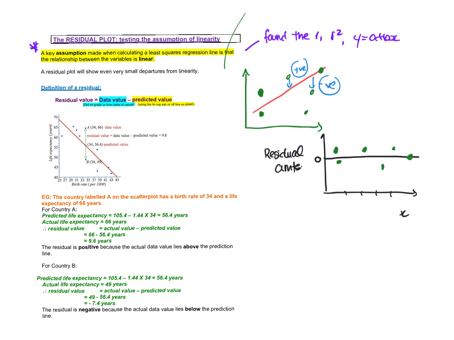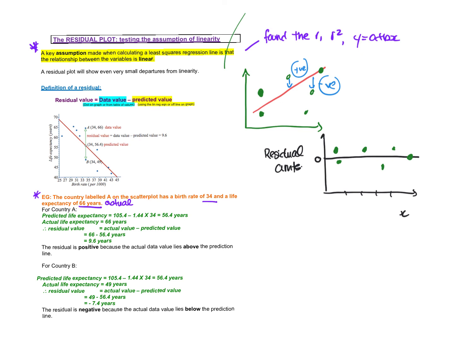Okay, so just here, they have asked us to find a few individual residuals. It says the country labelled A on the scatter plot has a birth rate of 34 and a life expectancy of 60 years. That becomes the actual, that's actually what happened. So when it says calculate the residual, you'd have to use the formula.